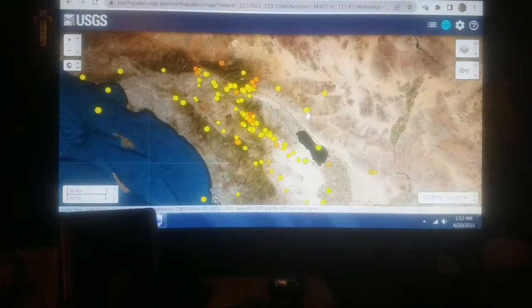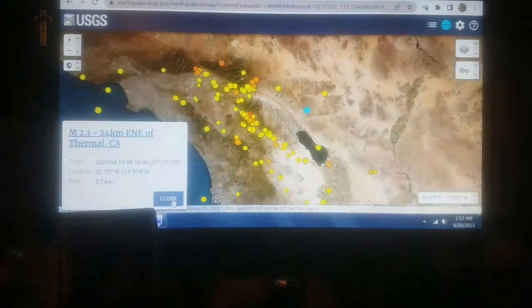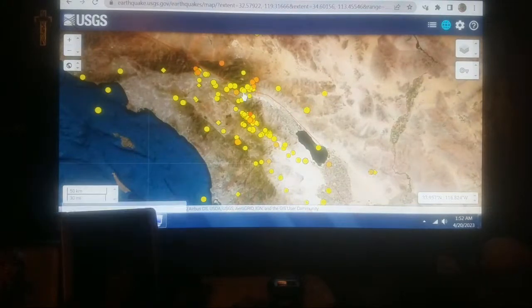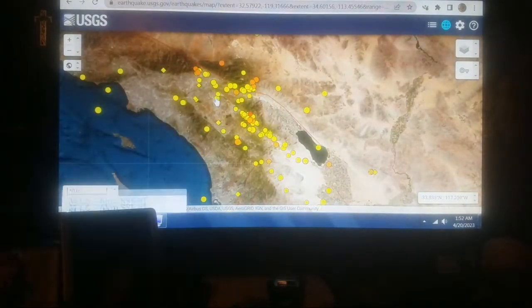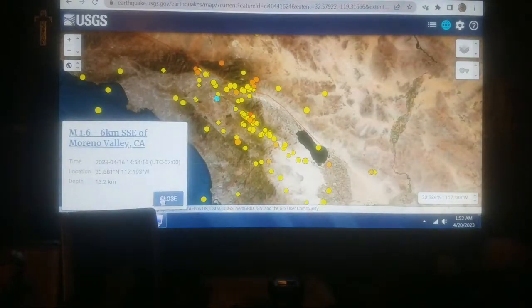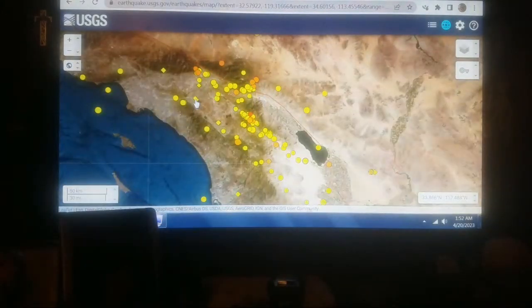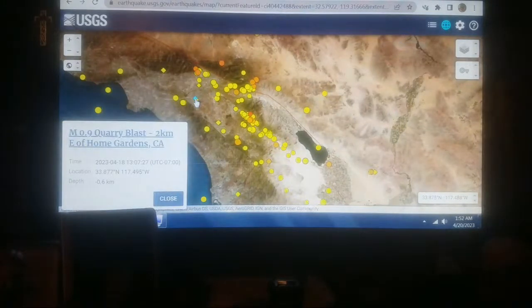Let's pick out a big one. That's a 2.1, depth 3. 1.5, 1.6. What's the little... That's a quarry blast.